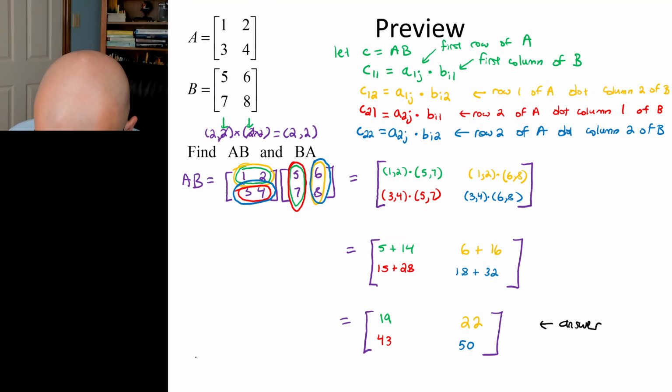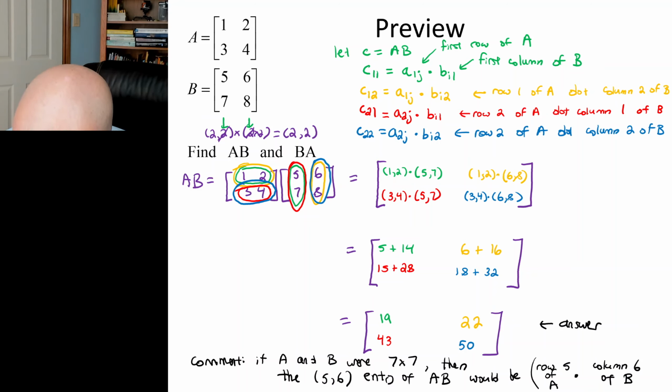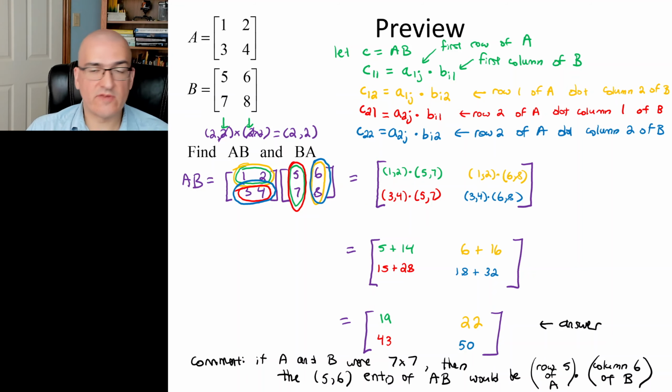I put a little comment at the bottom. If A and B were, let's say, 7 by 7, then the, let's say, 5,6 entry of A times B would be row 5 of A dot product column 6 of B. So that's how you would get the 5,6 entry of a 7 by 7 times 7 by 7 matrix multiplication.